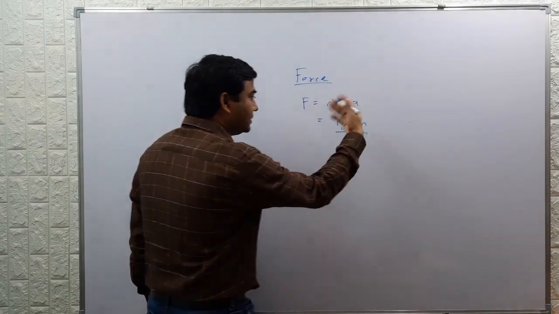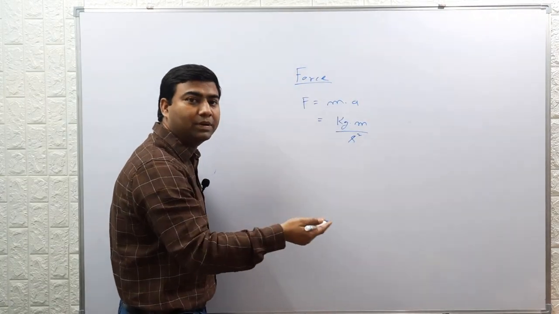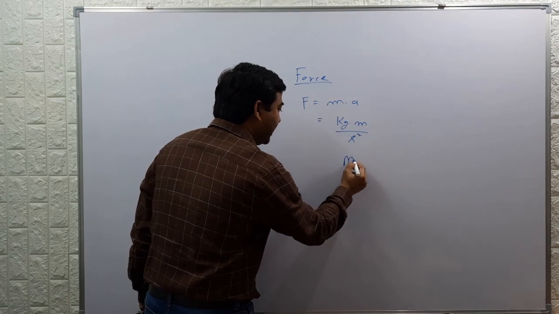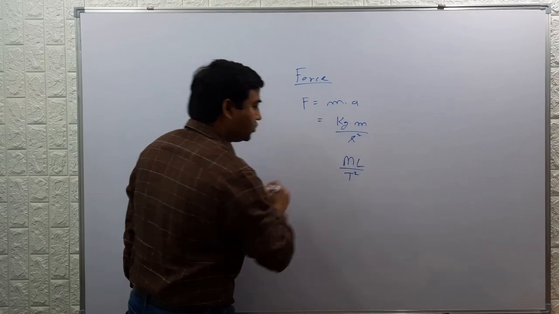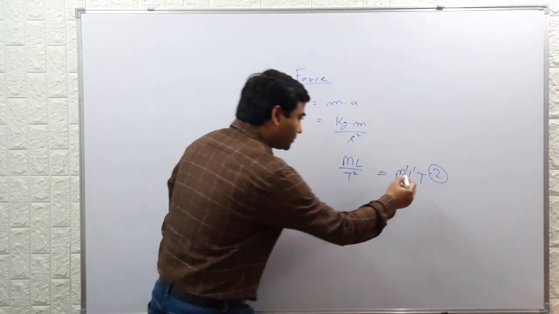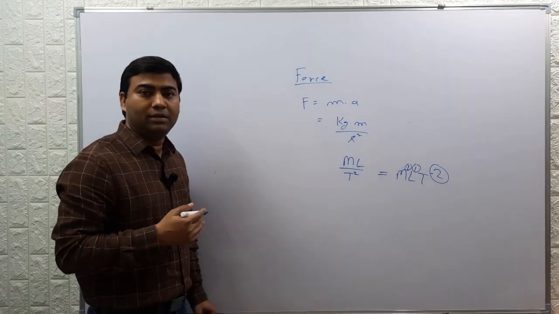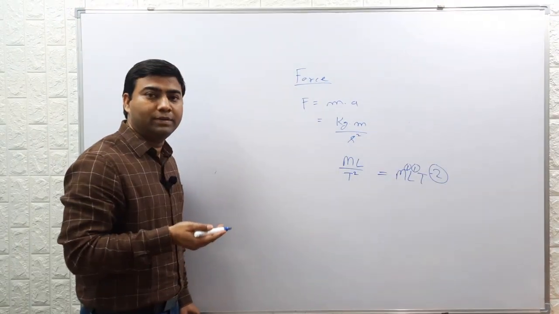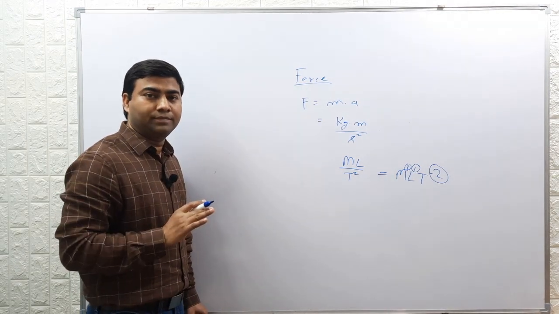Now, as we replace these base units with their standard symbols, it can be represented as M L by T square. So these powers on the base unit symbols, used to represent the dimensional formula of a physical quantity, are called dimensions.